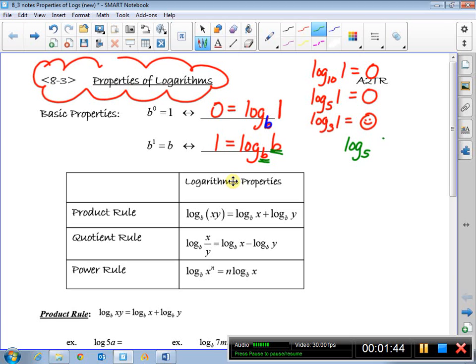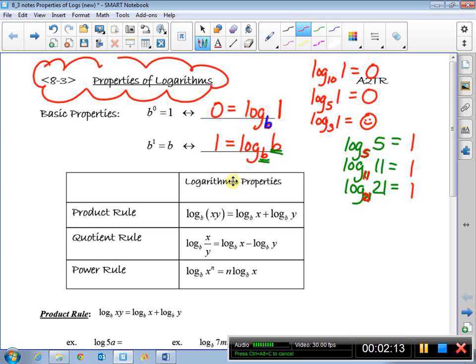So log base 5 of 5, log base 11 of 11, log base 21 of 21. Remember, you're answering, what's the exponent that we put on these bases? What's the exponent on 5 that gives you 5? What's the exponent on 11 that gives you 11? And what's the exponent on 21 that gives you 21? So those are some basic rules.